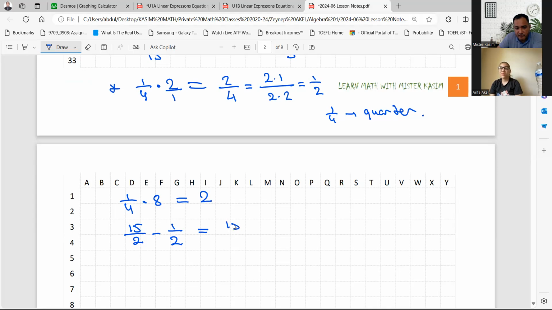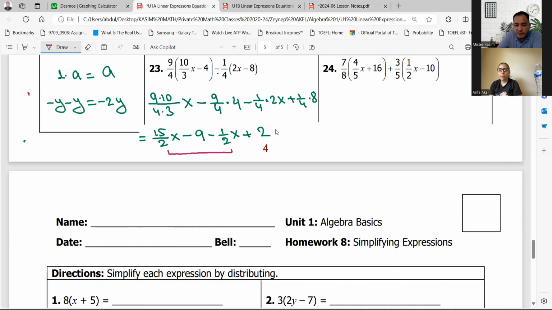So we just write a single fraction and subtract their numerators. 15 minus 1 equals 14 divided by 2. What is 14 divided by 2? 7. So here we have 7x. And what is negative 9 plus 2? Negative 7, right?